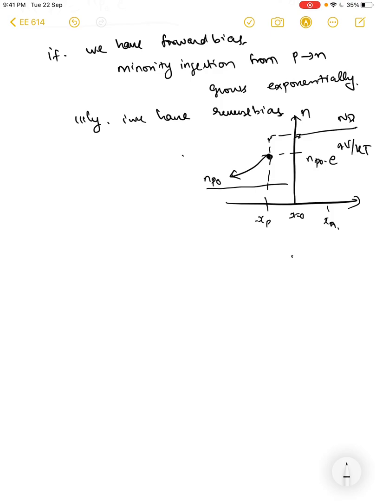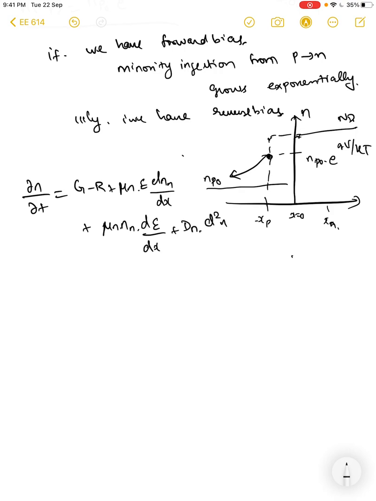So the electron continuity equation is, you have dn by dt is some generation minus recombination, plus mu n, E being the electric field, dn by dx plus mu n n dE by dx plus D n d square n by dx square, right?